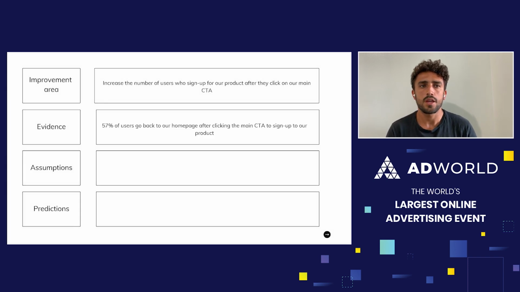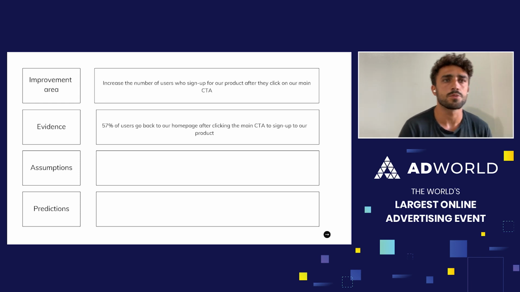One piece of evidence for this case can be that 57% of users go back to our homepage and don't sign up after clicking on the CTA in the hero. So there are probably some things we can improve in there.